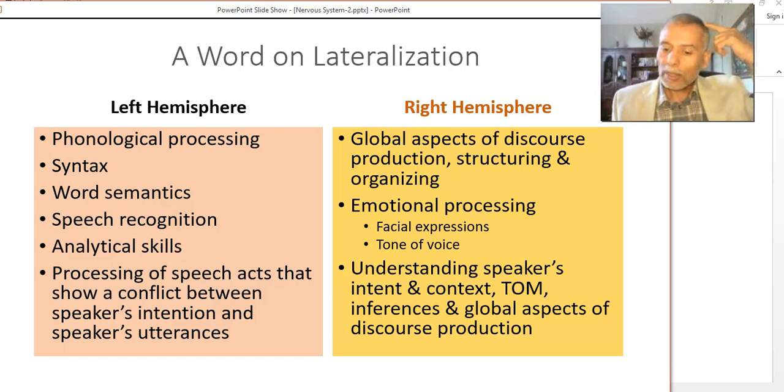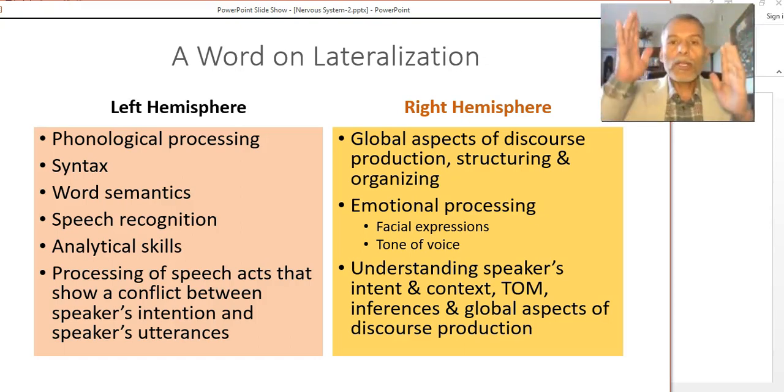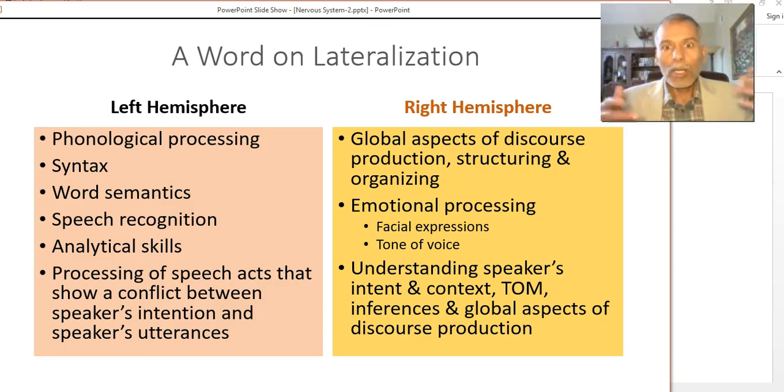If someone has a left brain stroke, the right side of the body is going to be affected, whether paralysis or weakness or whatever it is. So that is in terms of motor functions and sensation as well. So again, right hemisphere controls the left side of the body and left hemisphere controls the right side of the body.